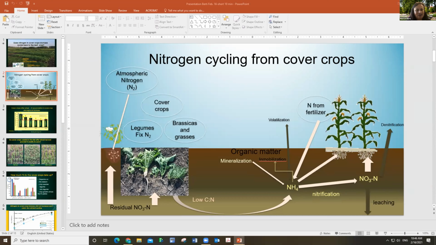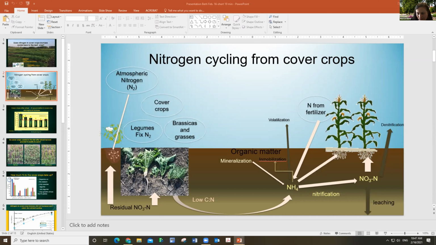As you can see in this picture, they have a very low carbon to nitrogen ratio, and the books all say that once they decompose in the winter, they should release ammonia and ammonium ions for the plant for the next season, the next crop.